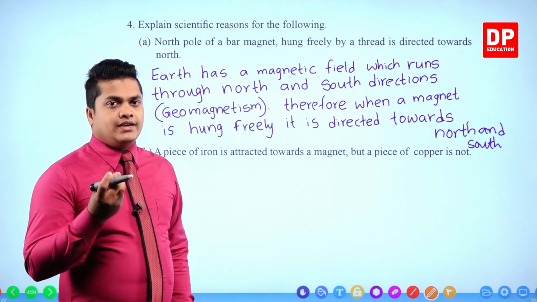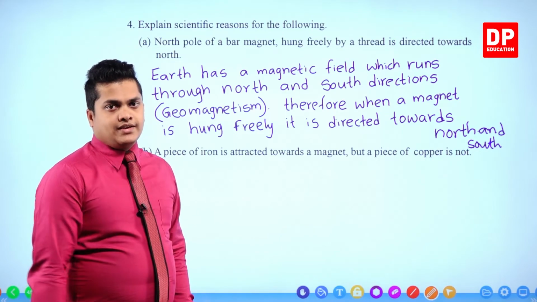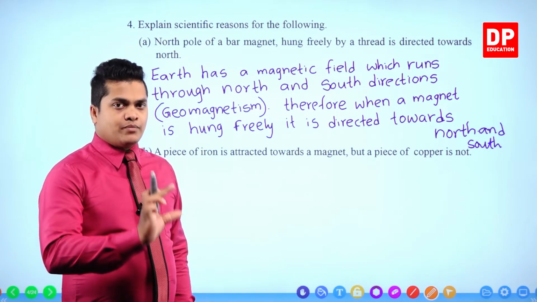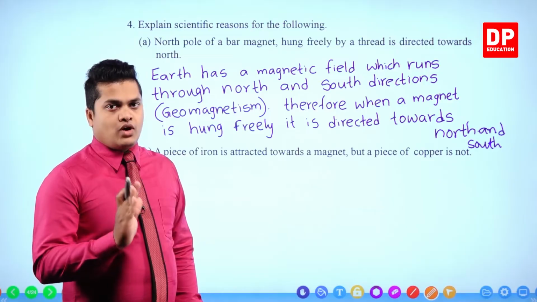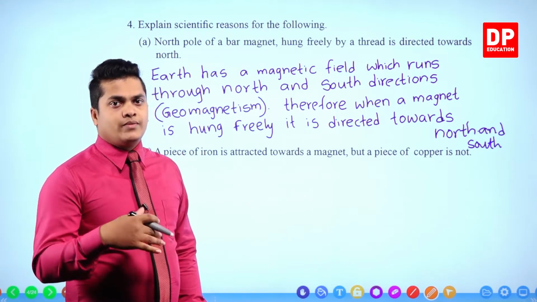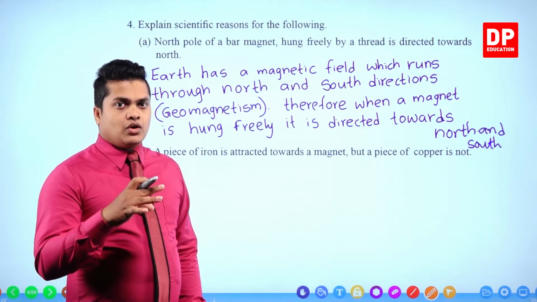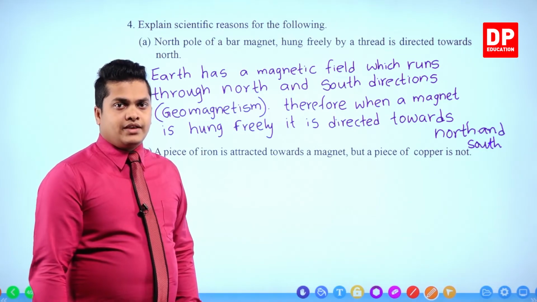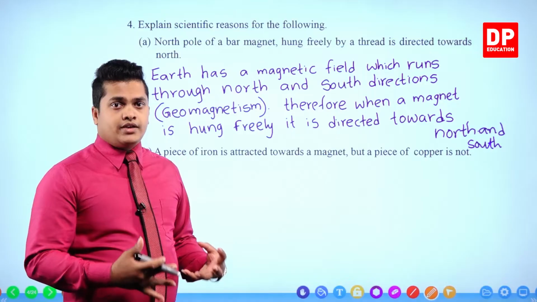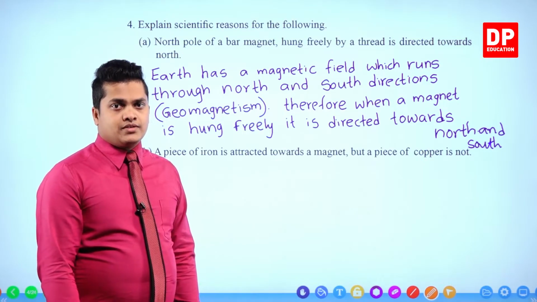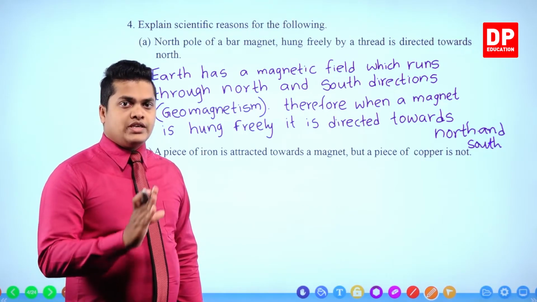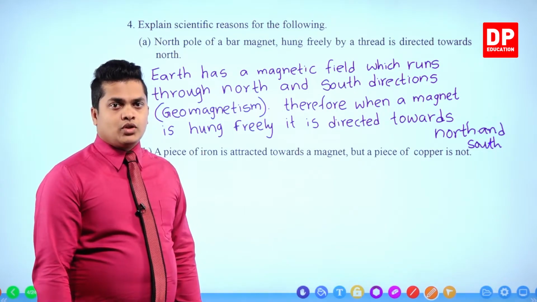It's because iron is a magnetic material. It shows magnetic properties. So therefore, iron is attracted to the magnet. But copper is a non-magnetic material. Even though it is a metal, it doesn't have magnetic properties. So therefore, copper is not attracted to the magnet.